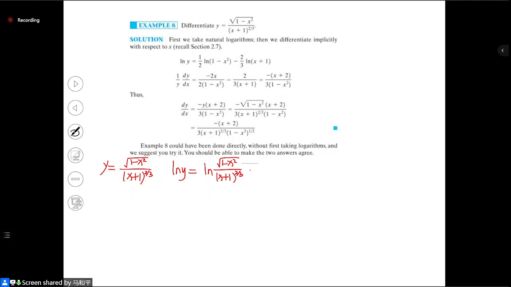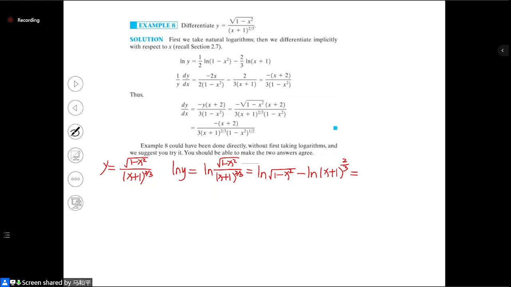And then we apply the properties of the natural logarithm. ln of a over b is equal to ln a minus ln b. And we apply the first property.